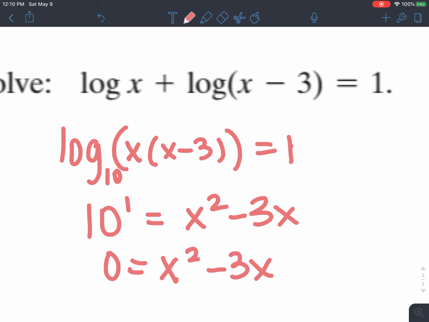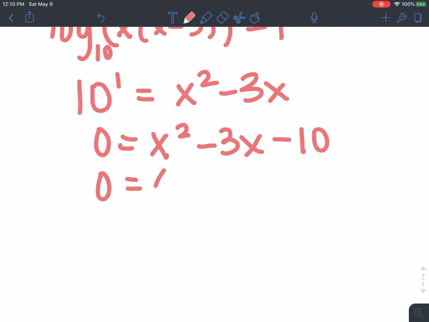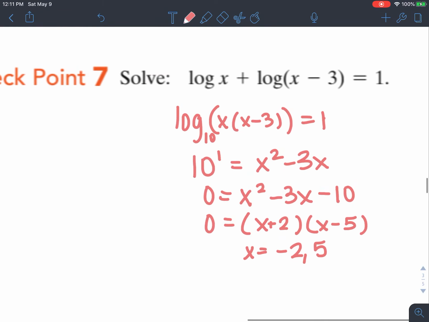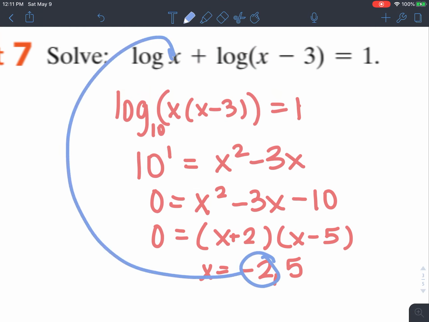Move the 10 over because it's a quadratic now. It's going to be a minus 5, a plus 2. So x equals negative 2 and 5. But you need to make sure you're not going to have to take the log of a negative number. That's going to be the log of a negative 2, so that's a no. So you're going to have to stick with the 5.